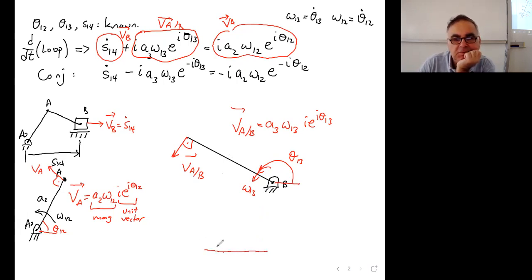Let's say we know VB. VB has to be in this direction definitely, but how do I get VA relative to B? But let's do it later on.